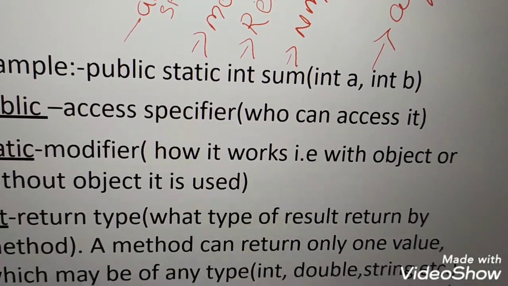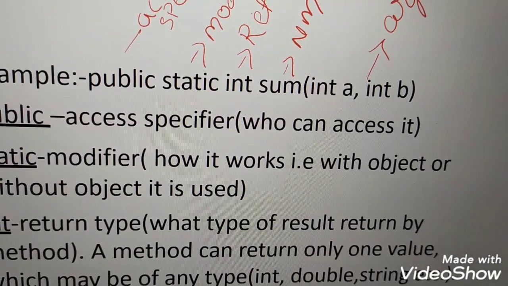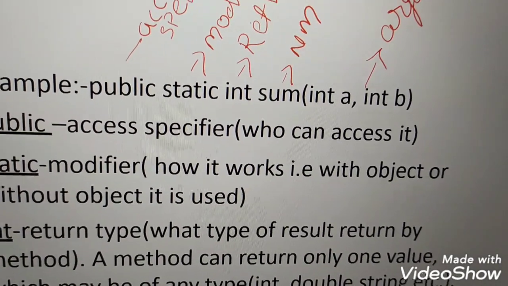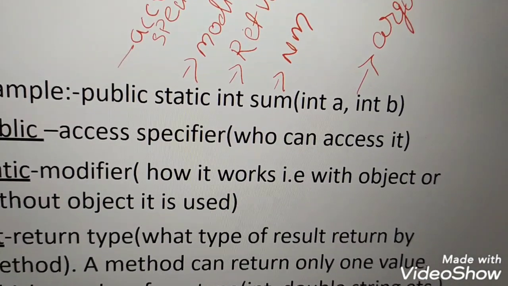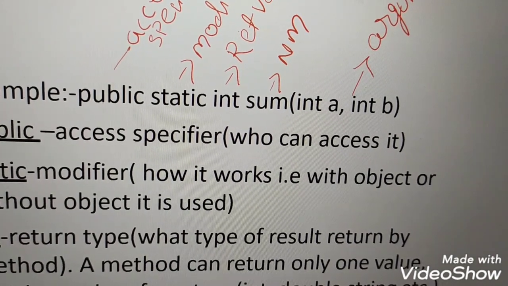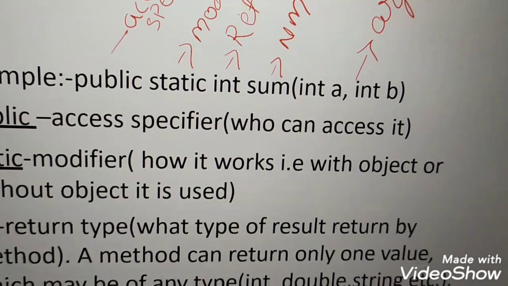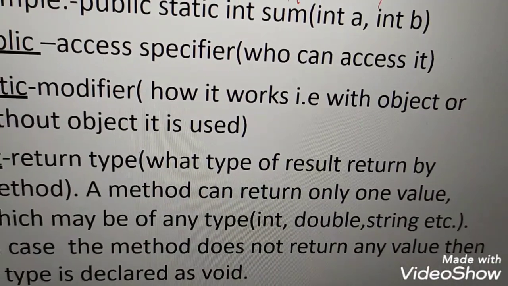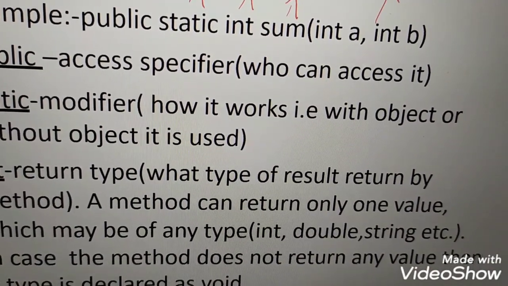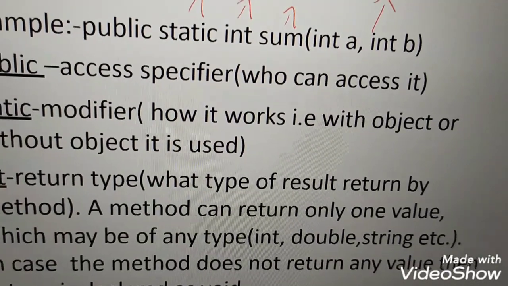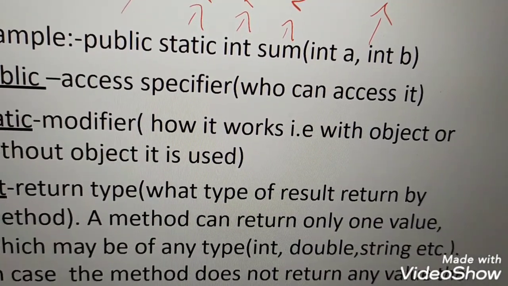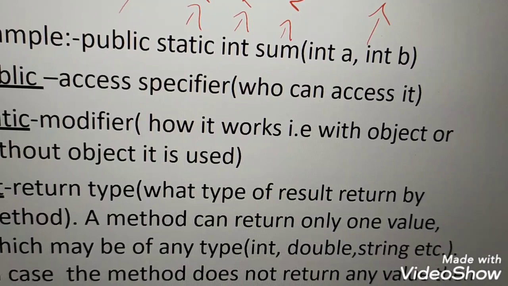The access specifier defines who can access the method. The modifier decides how it works, whether we need an object to access the method or can access it without an object. The return type means the result calculated by the method has to be returned to the caller who invoked the method.